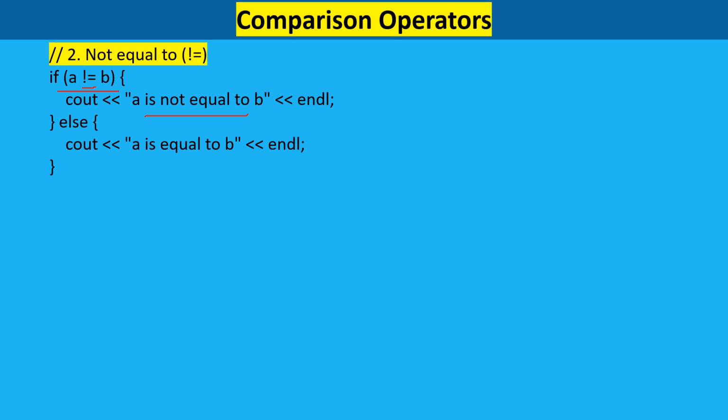Since a is 10 and b is 5, the condition is true. So cout a is not equal to b, and else. Since the condition is true, it prints a is not equal to b. So it depends upon which one is true.